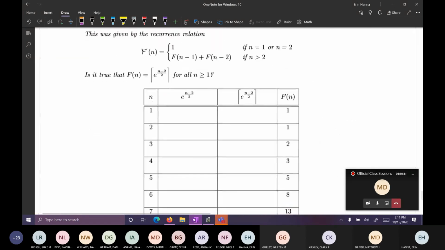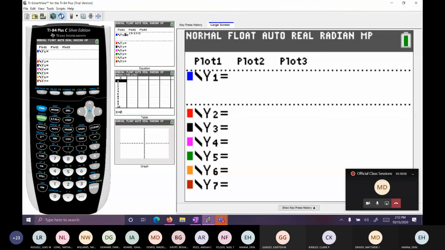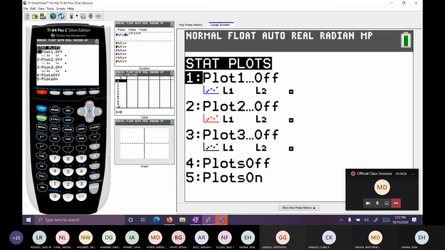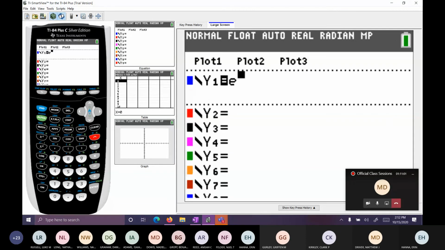So what we're going to do is find the values of e to the n minus 2 over 2 and have our calculator do all the work for us. If you go into the y equals, hit second, just regular y equals, and then type in e to the x minus 2, because the variable name doesn't matter.